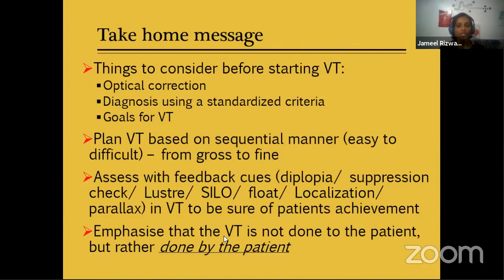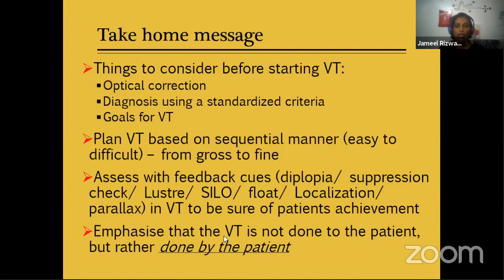After a couple of days, use low power accommodative flippers. You have to modify it here. Something like +2 is fine, because the patient may not have difficulty with plus lenses in accommodative insufficiency. The minus side, you have to reduce. You have to custom make your flippers. Usually we do +1, -1, +1.5, -1.5, and +2, -2, so you can choose the lowest and then give it to the patient. Never throw a tough thing at the patient to begin with. The next thing, as I told you, be aware of whatever feedback cues that the patient needs to learn.